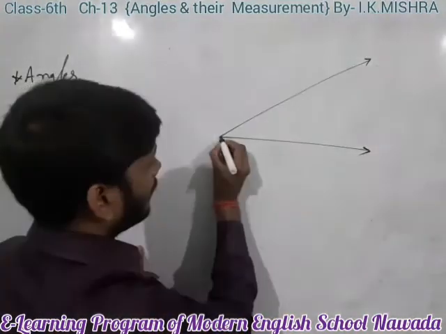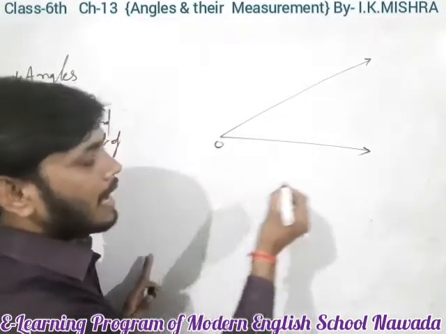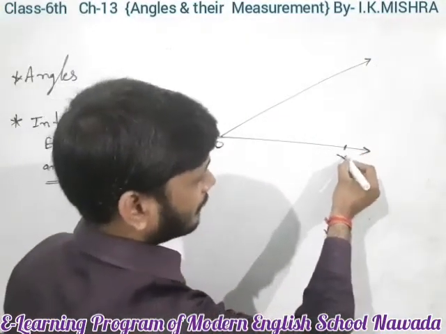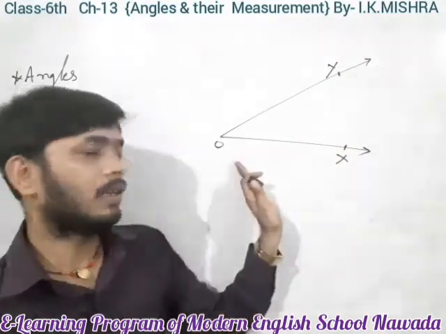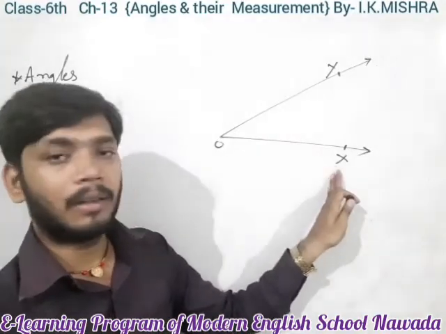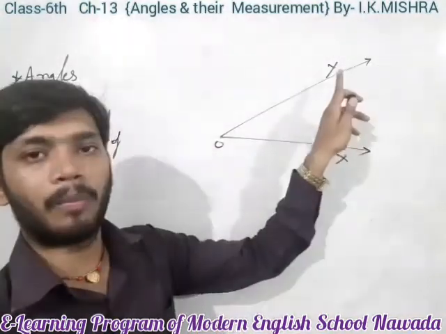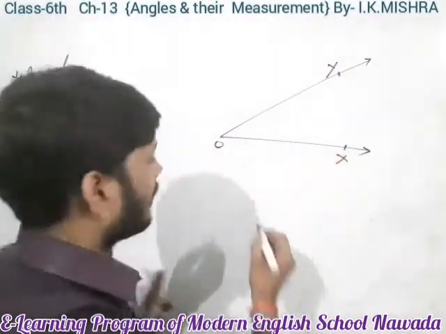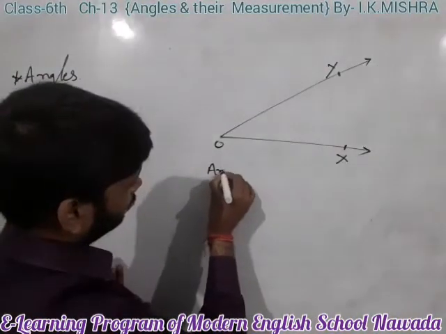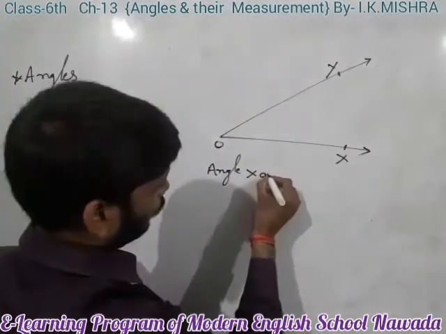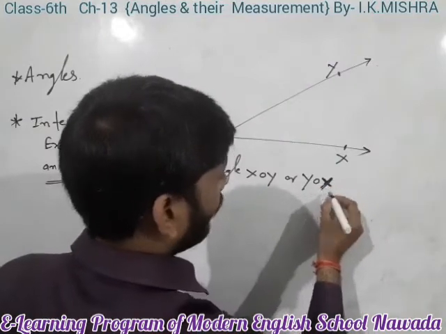Suppose the initial point is O, and this direction is X and this direction is Y. Then an angle is formed whose name is angle XOY or YOX.